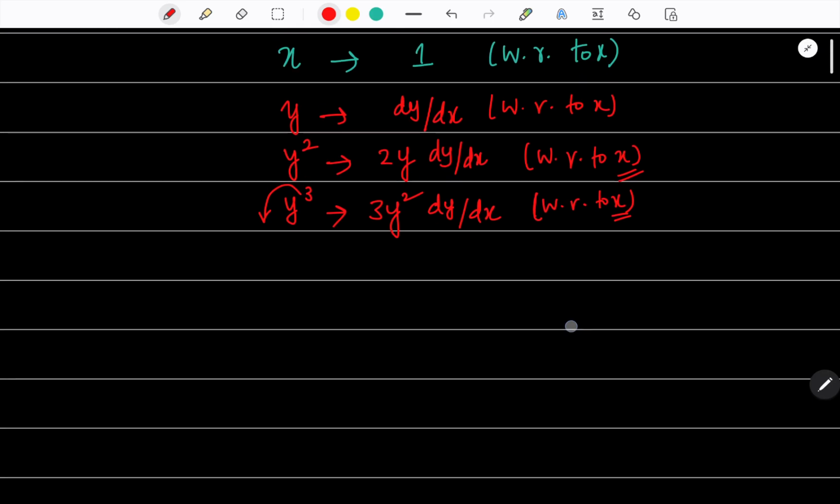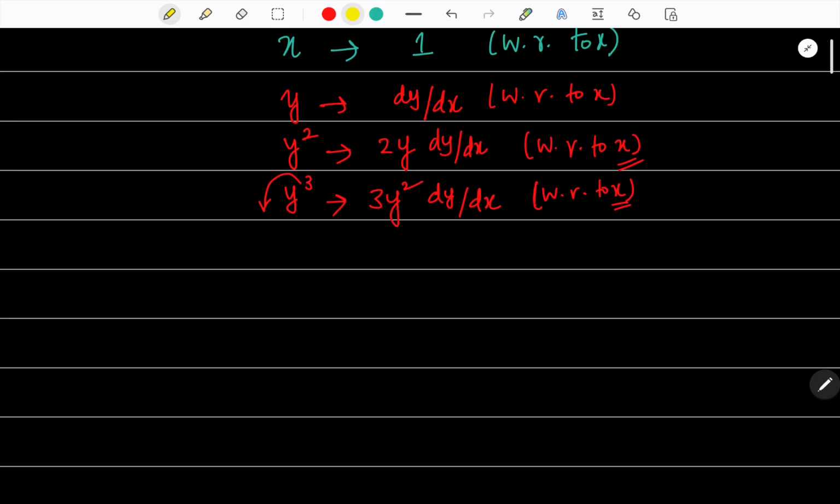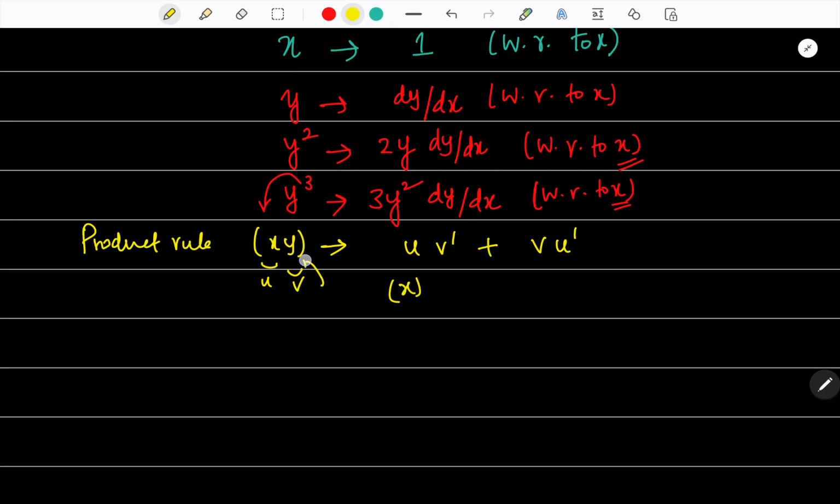Let me start simple with product rule. Let me give an example: x times y. So this is your u, this is your v. What's the rule? Product rule: u times v dash plus v times u dash. So keep x, what is the differentiation of y with respect to x? Which is dy divided by dx.